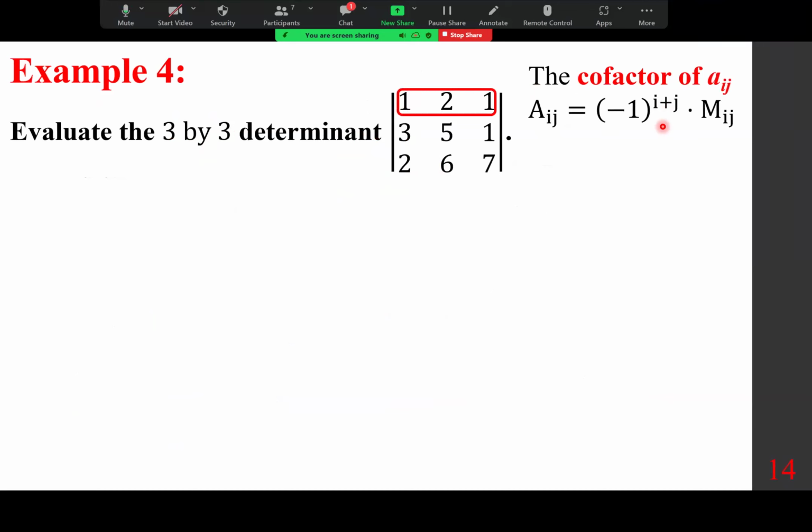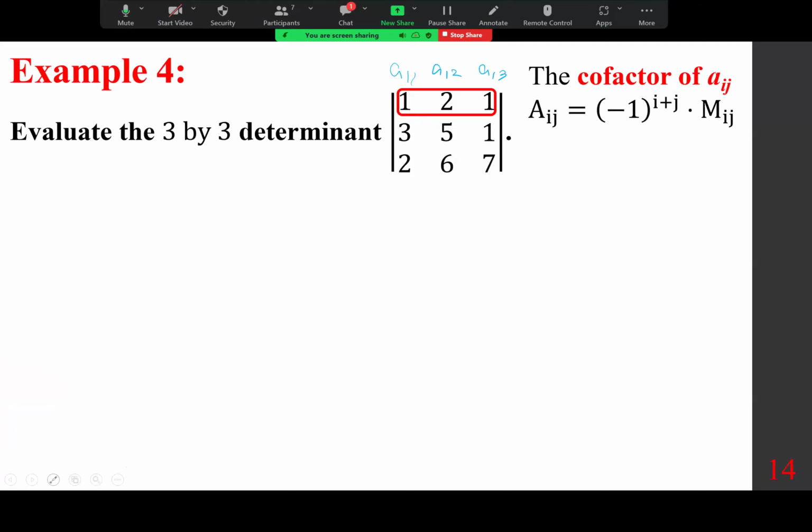But if you were to write this, for this one the sign would be -1 to the power of 1 plus 1, because this is A11. This is A12. This is A13. I want to show you that. So this one, -1 to the power of 1 plus 1, and then times this.